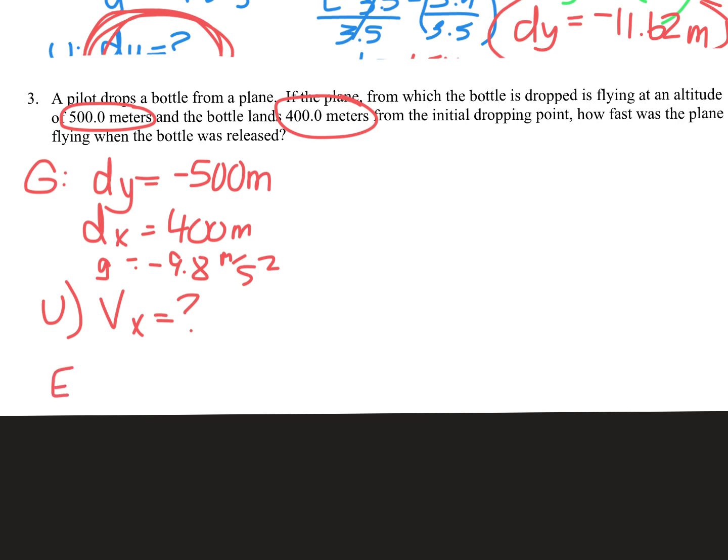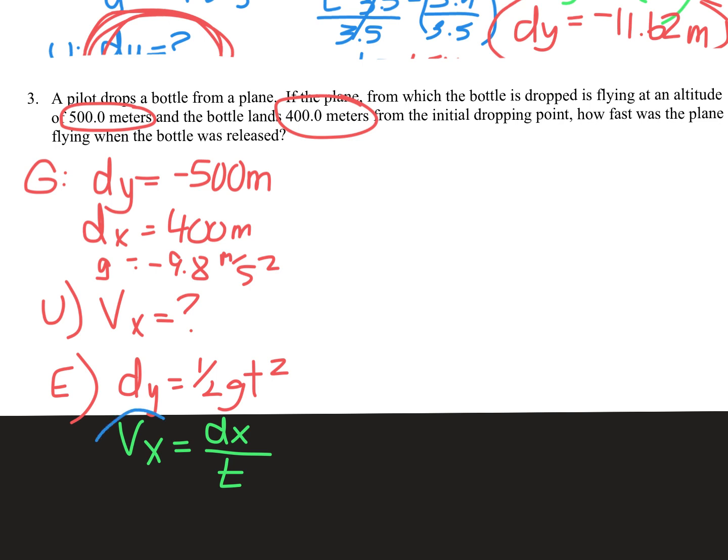Let's think about that. We know our two equations. If an object is falling, we know that 1/2 times gravity times time squared allows us to solve in the y direction. And eventually we're going to need the velocity in the x direction is equal to the displacement divided by time. So I need to solve for this.